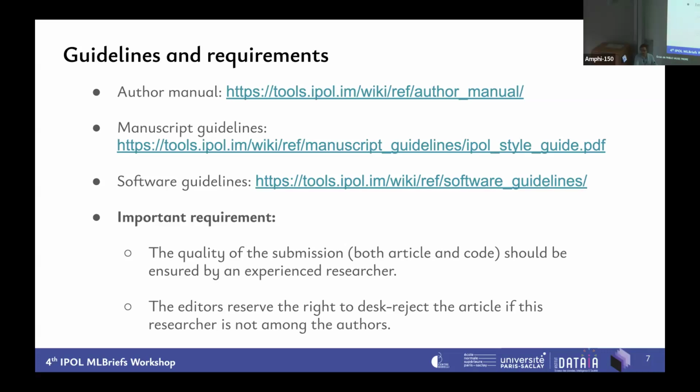Lately, we are receiving a lot of papers only by students, and it would be good if there's a more experienced researcher, either on the list of authors, or if not, somebody who helps the students in order to have a result which is closer to publication, because otherwise the reviewers or the editors end up doing a lot of work, and in fact they transform themselves into kind of authors, so it shouldn't be that way. Our goal is to help you to publish the paper, but our goal is not to write the paper for you.